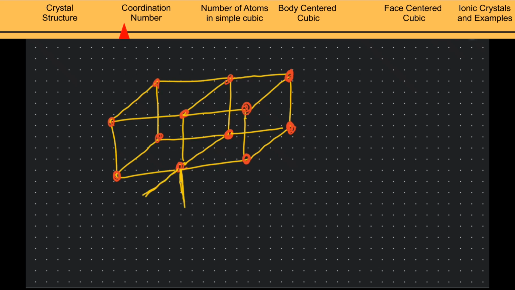It will connect to other atoms. I'm just considering this atom: how many atoms does it have around it? This is called the coordination number.